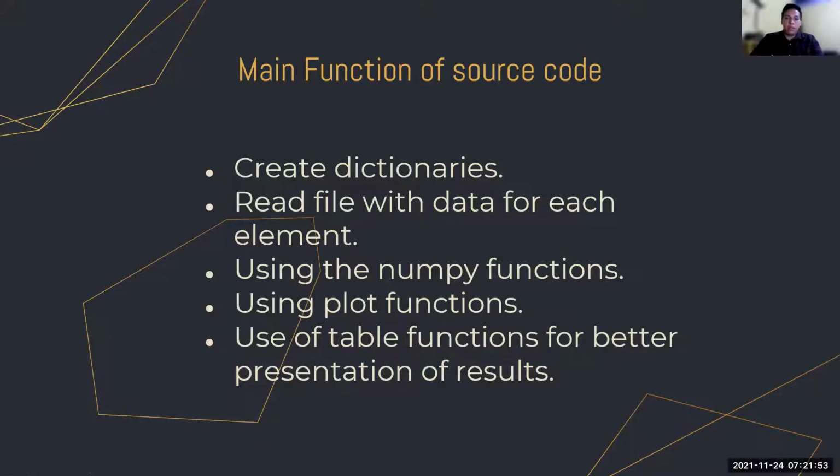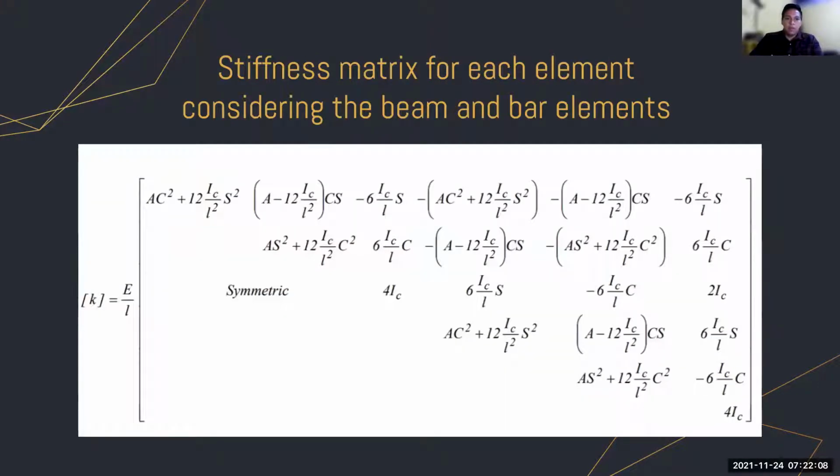Then we plot the functions to show the static structure, and compare the deformation for each joint in the X and Y direction. Next, we use these matrices from the Logan book to get the stiffness matrix for each element.